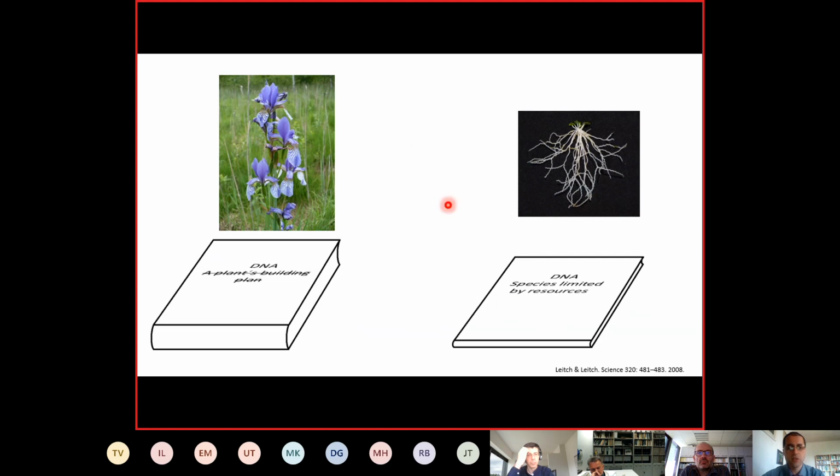Similarly, species growing in nutrient-poor habitats, like carnivorous plants, are supposed to be forced to keep their genomes small to spare nutrients, especially nitrogen and phosphorus, which are important building elements of the DNA.